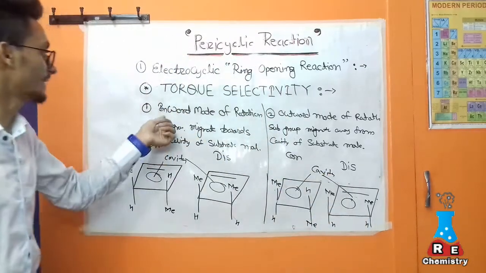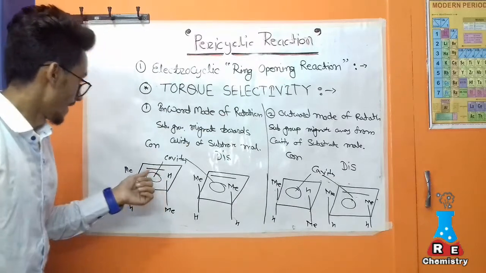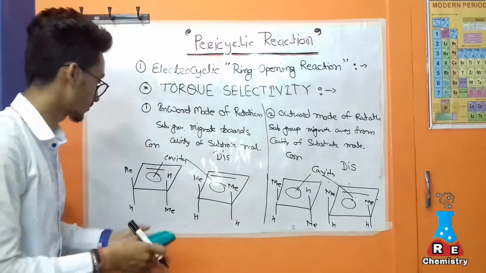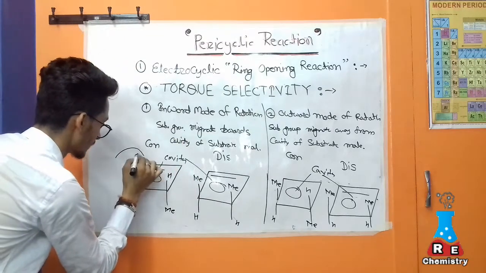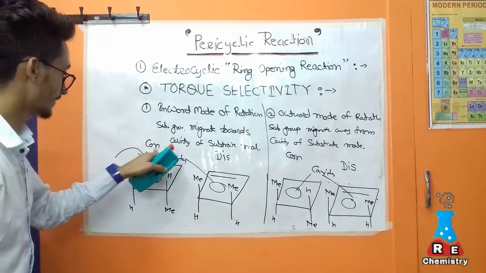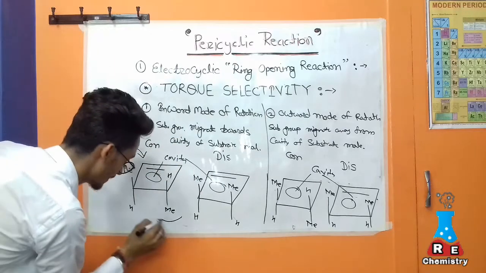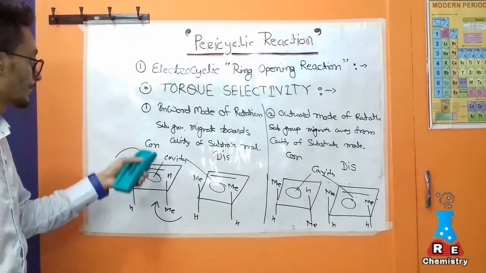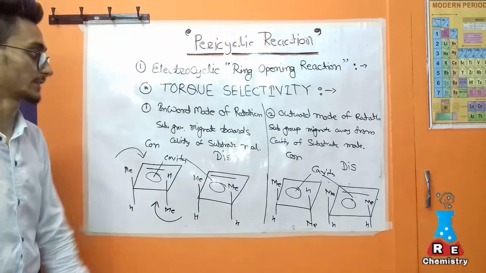Okay, so in the inward mode of rotation, the substituent groups migrate toward the cavity. If this substituent migrates clockwise, in conrotation the other also rotates clockwise. This type of rotation is called the con-inward mode of rotation.